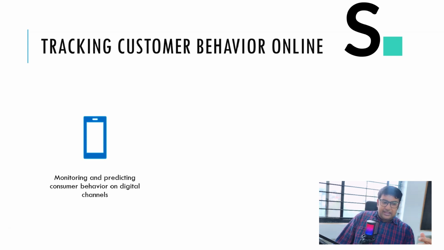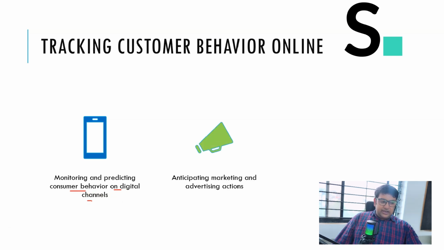So in tracking, you basically monitor and predict the consumer's behavior on various digital channels. It can be social media, your website, your mobile application, or everything. It helps you anticipate what kind of advertising we can do, or what kind of call to action we can make.